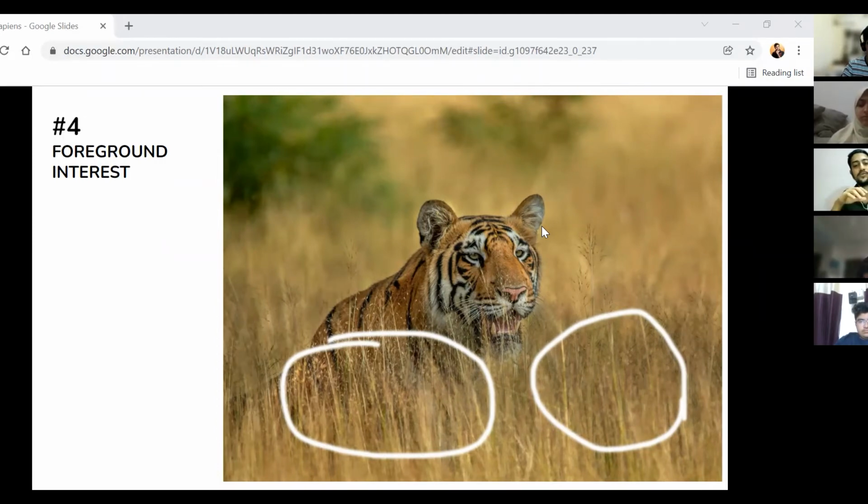If they show someone walking behind a pillar, you will have the camera focusing on the person, but you will have pillars coming in between the camera and that person. This is commonly used in a lot of cinematic techniques, and this is called foreground interest.